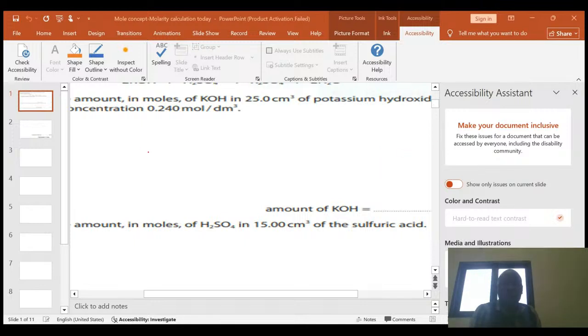They're asking us to find the number of moles.